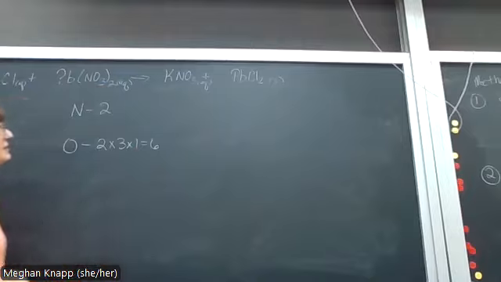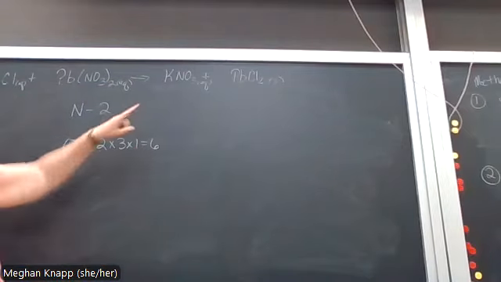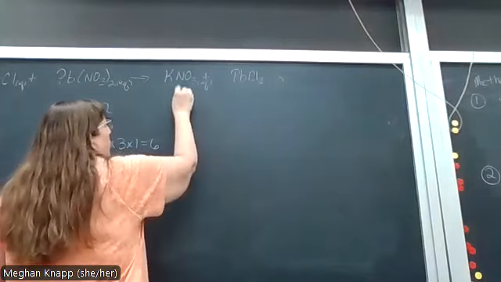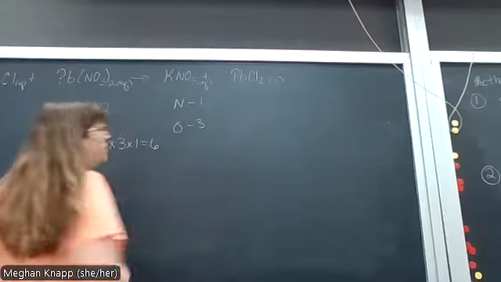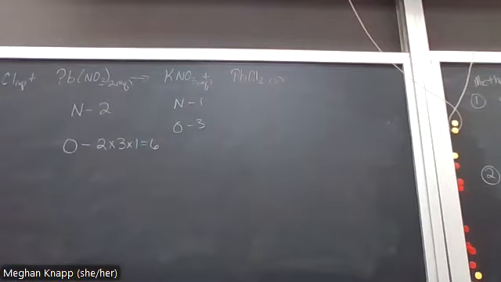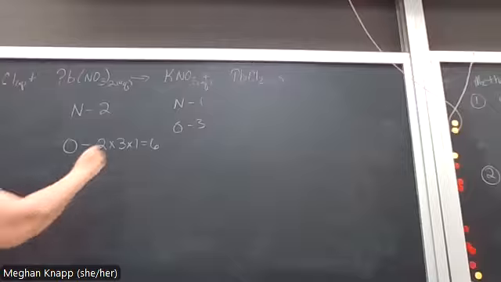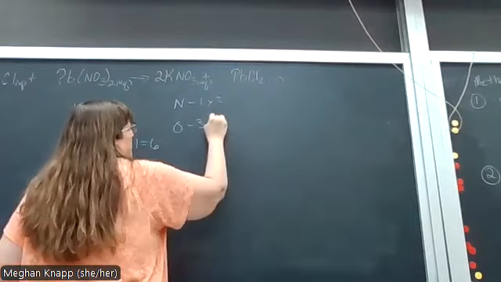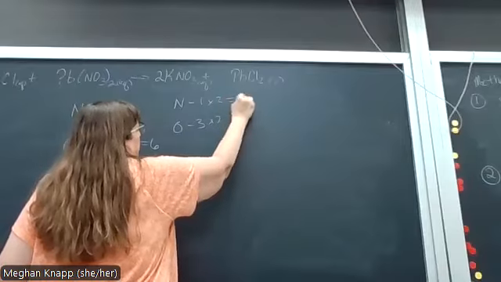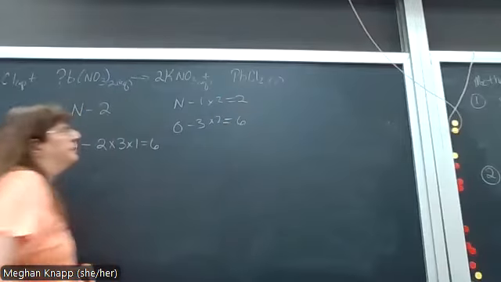And that's 6. On this side, I have 1 nitrogen and I have 3 oxygens. Oops. So how can I fix that? Yeah, I'm going to put a 2 in front of potassium nitrate. And so multiplying those, I get 2 and 6.